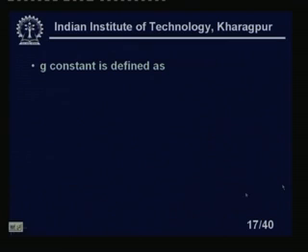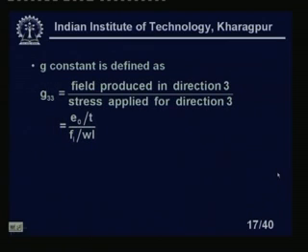So, the G constant is defined as G33, the field produced in direction 3 divided by the stress applied in direction 3, right. So, the field produced, that is voltage E0 divided by thickness T, and stress means force applied Fi divided by area, is not it.